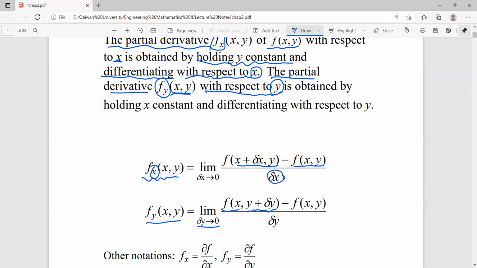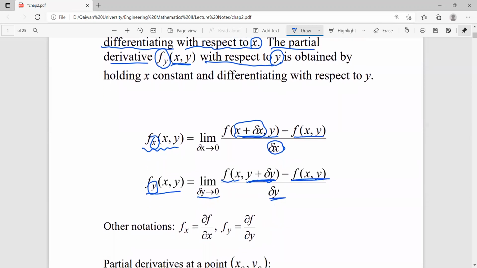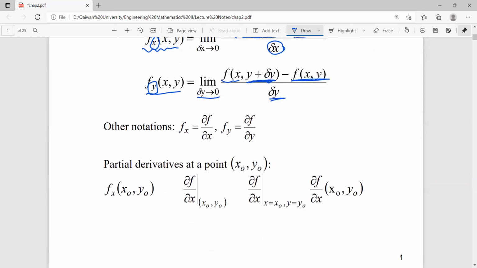When we take the derivative with respect to x, we have x plus delta x and y. But when we take the partial derivative with respect to y, we have x and y plus delta y. These are the definitions of taking the partial derivative of a function with respect to x and y.